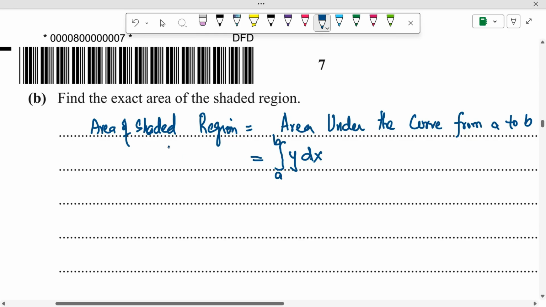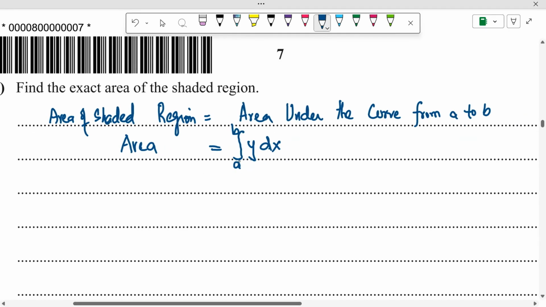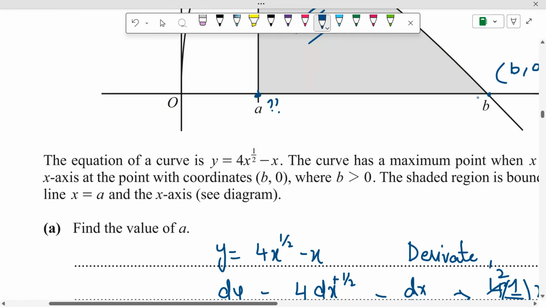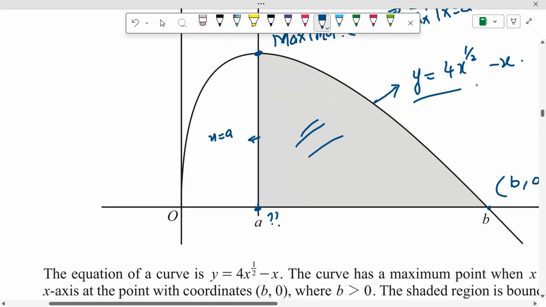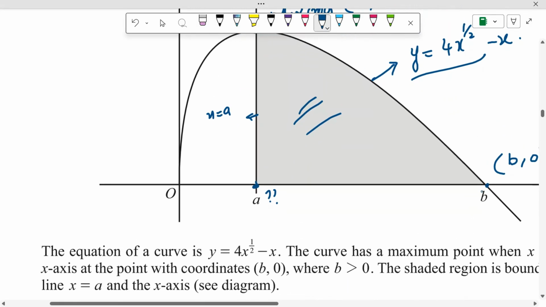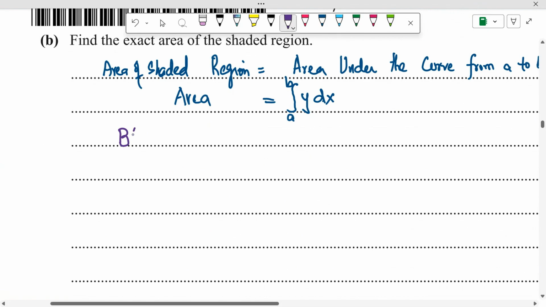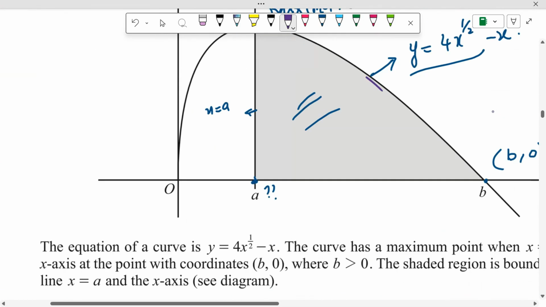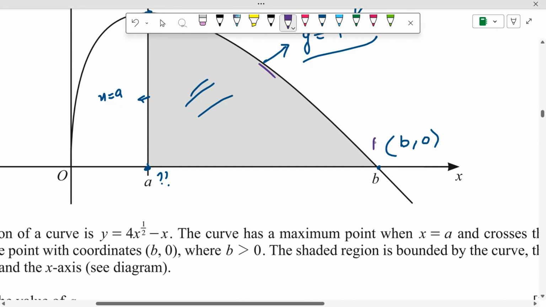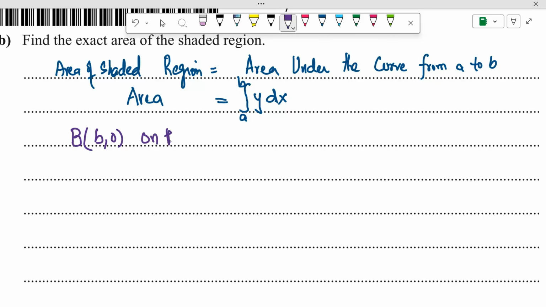But we don't have the information of b. We need b. We know that this curve passes through the point b, which is b comma 0, on the curve.